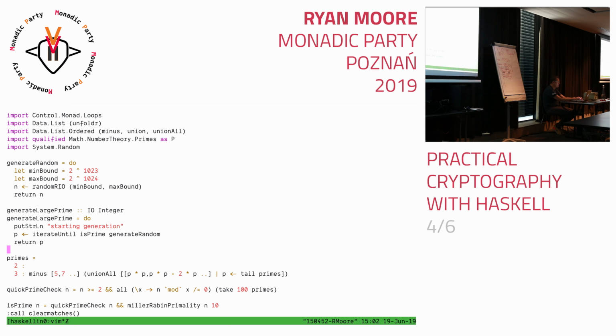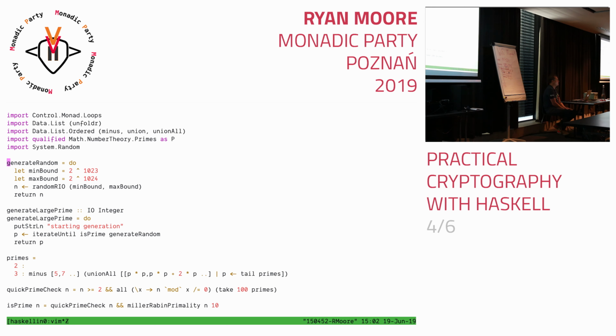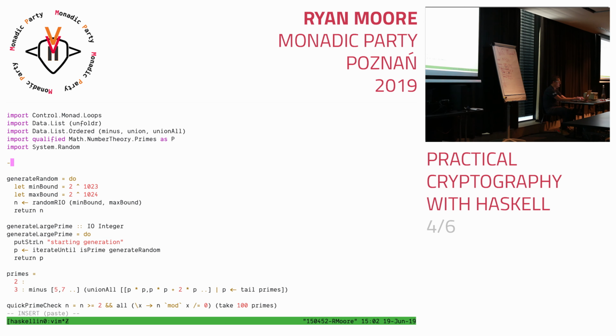So I want to take a chance here to do a quick dive into monadic do notation in particular, or in general, the IO monad and generating random numbers in particular. So the rules of do notation are pretty simple.